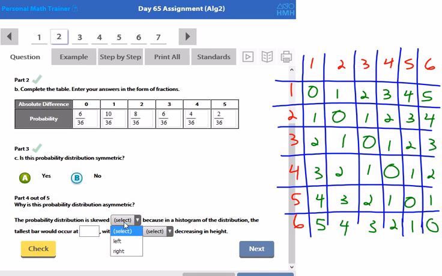And the reason is because this is skewed. If you were to look at a distribution, this would reach its peak here and then tail off towards the right. So since it's right-tailed, it would be skewed right. The tallest bar would occur at 1, with the bars to the right decreasing.